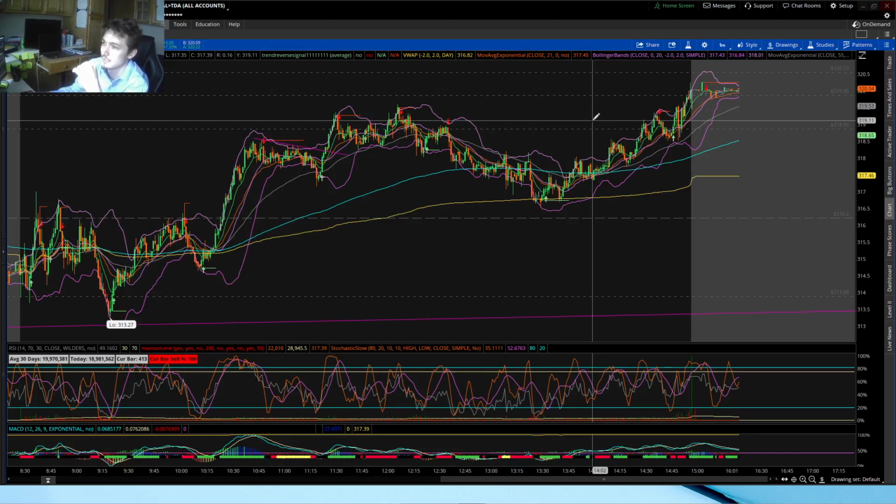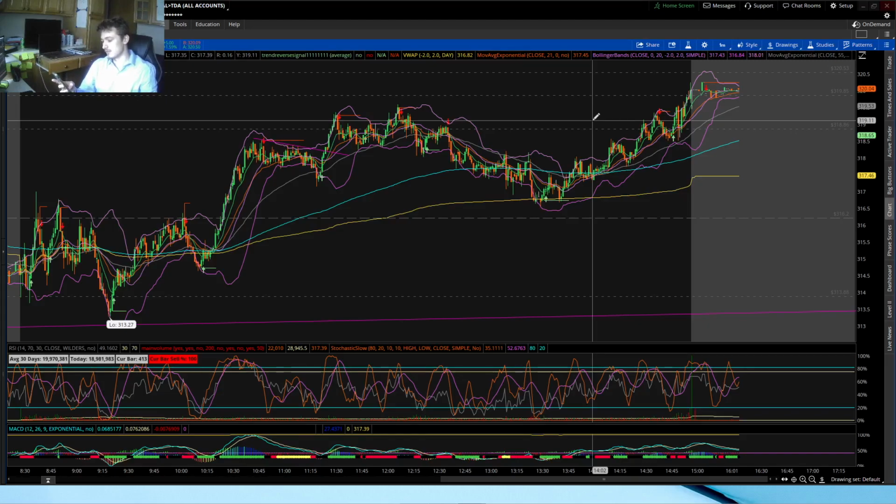So I do things kind of different. I don't know if you guys are familiar with the TD Ameritrade app. I use that just for looking at stuff, my watch list, and then I send my trades on Thinkorswim.